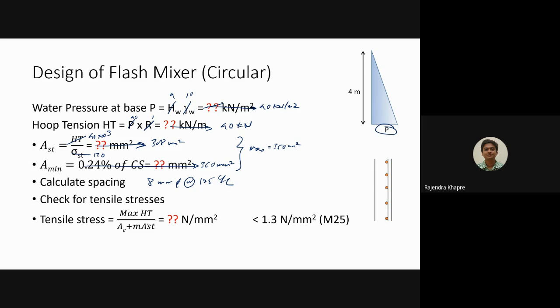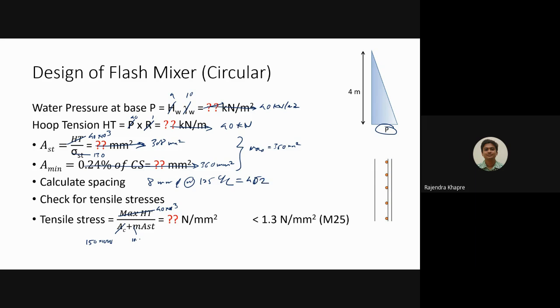Again you have to check the stresses. This is 40 into 10 to the power 3. For 8 mm dia at 125 center to center, how much is the Ast? 402.